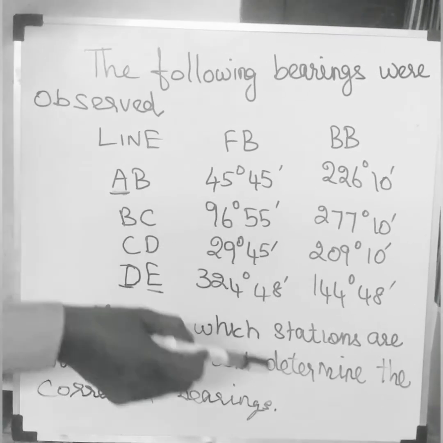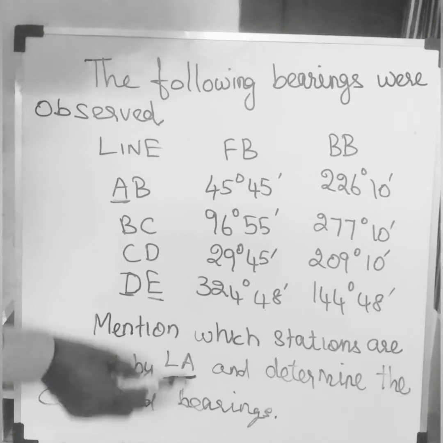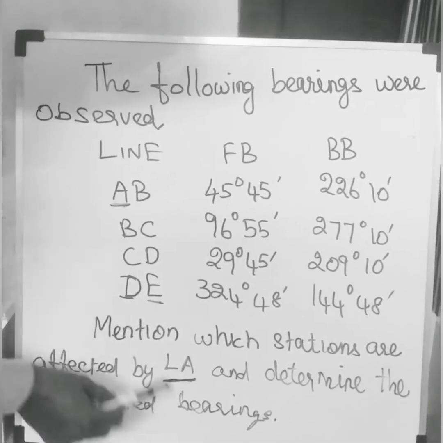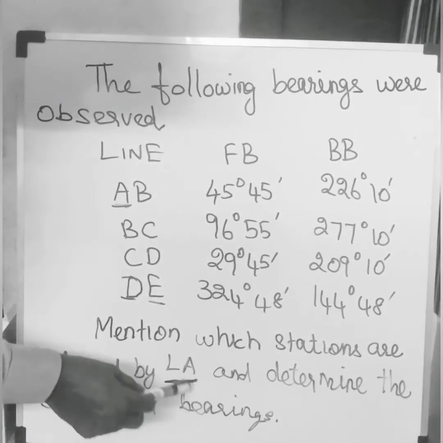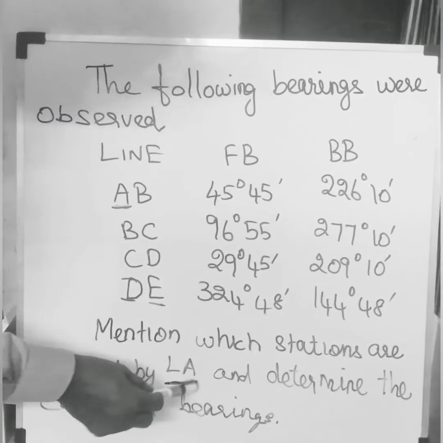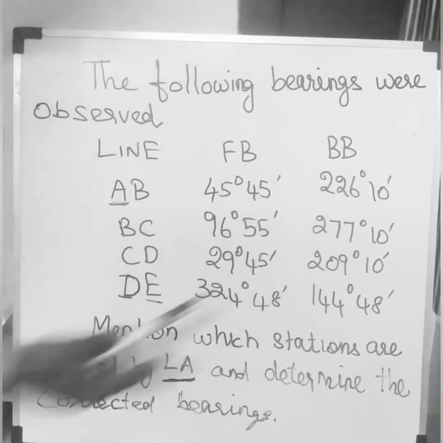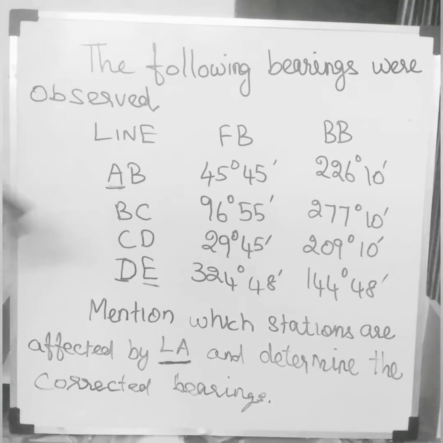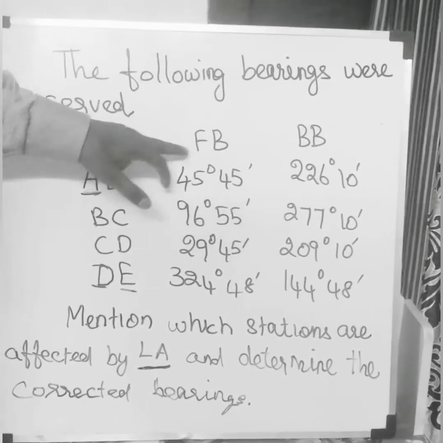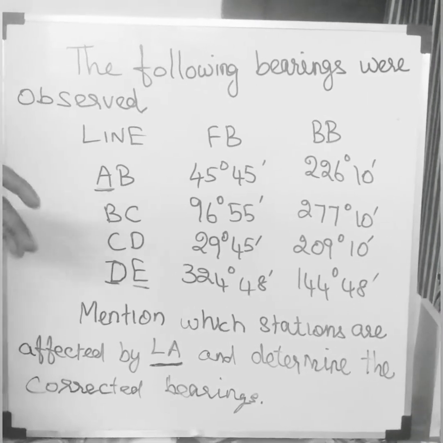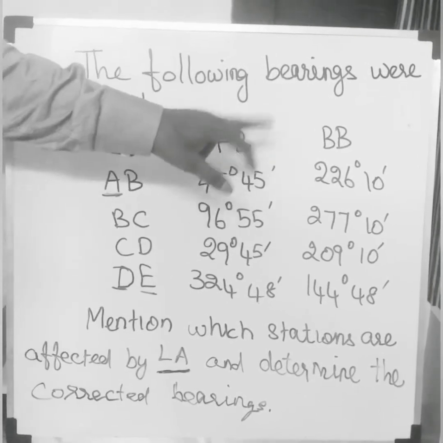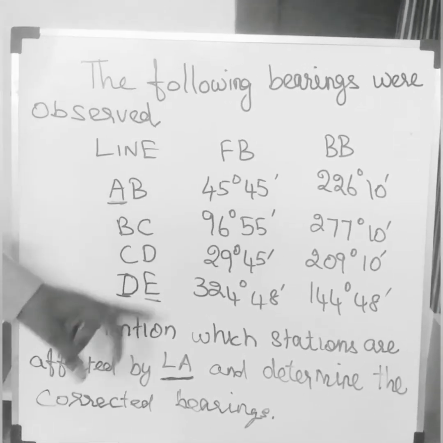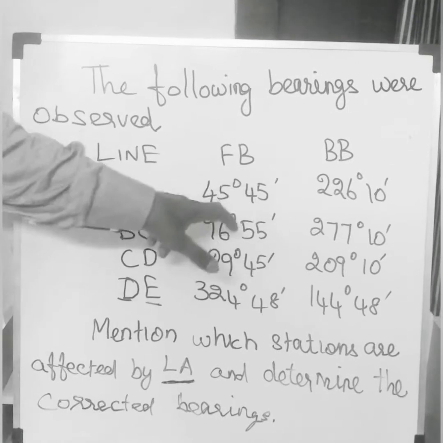So how do we identify which observations are affected by the error of local attraction? Already we know the difference between the fore bearing and back bearing is 180 degrees. If that 180 degree condition is satisfied, there will be no local attraction error.